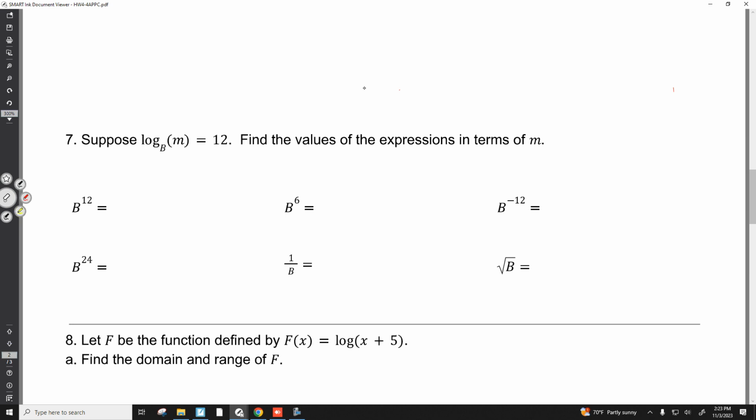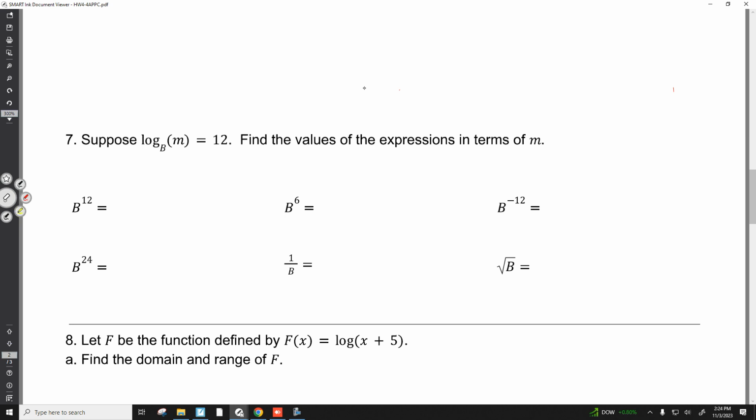Could you rewrite this, please, using exponents instead of logs? Can you undo the log? You have the right idea, Linda. You just have the wrong execution. You got the right idea. Guys, ready?